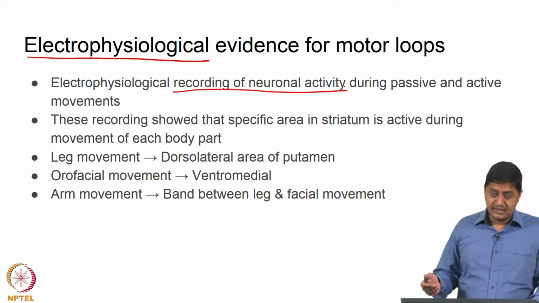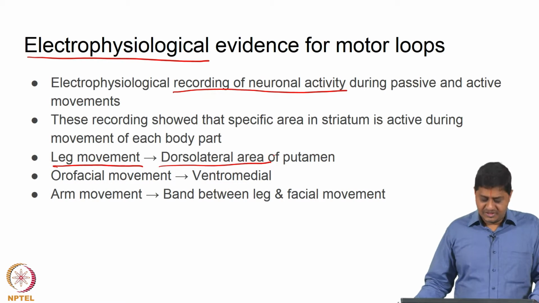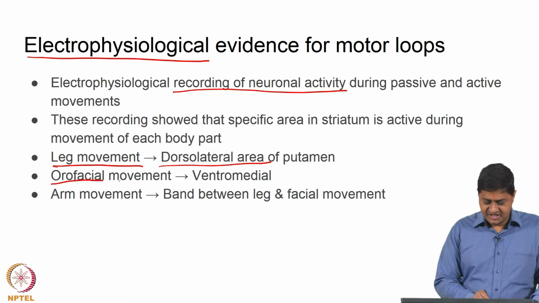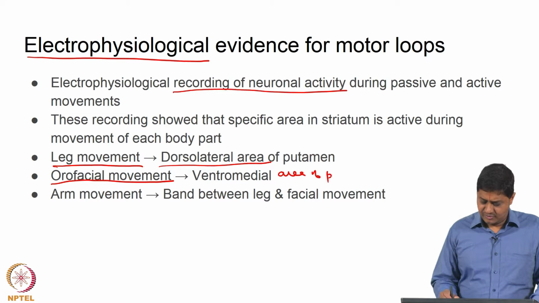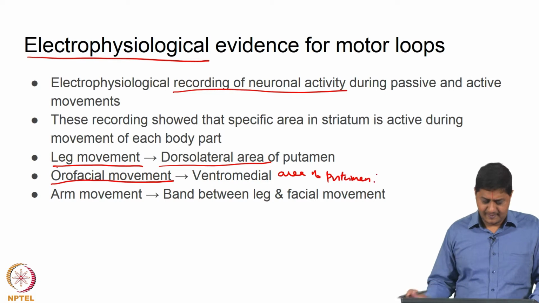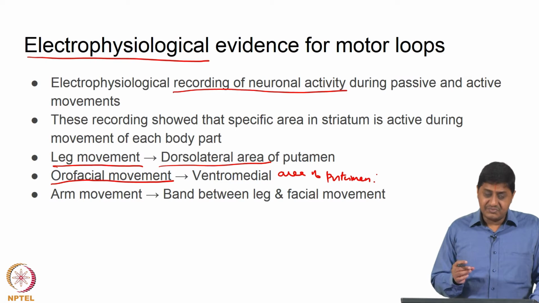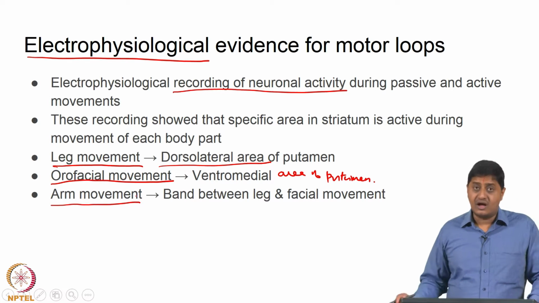For example, during leg movements, neurons in the dorsolateral area of the putamen are active, and during facial movements a different region, the ventromedial putamen, is active, and during arm movement a specific band that lies between the dorsolateral and ventromedial regions of the putamen was used for arm movements.